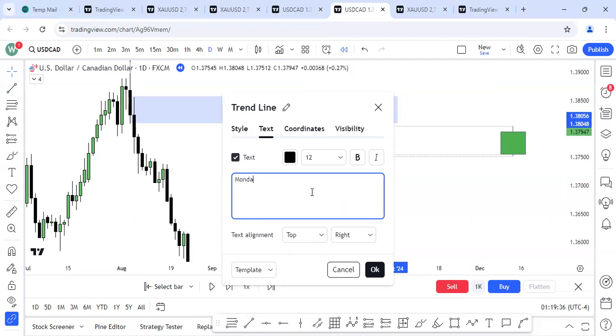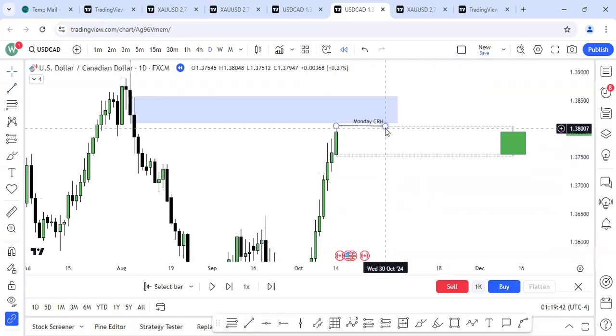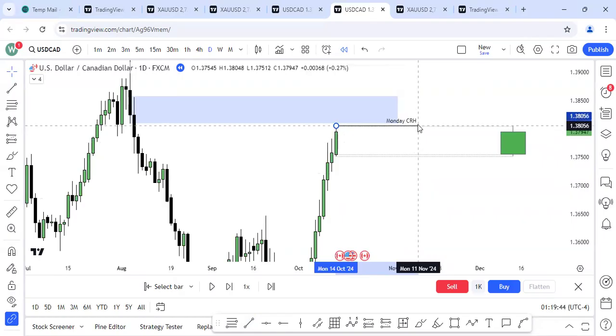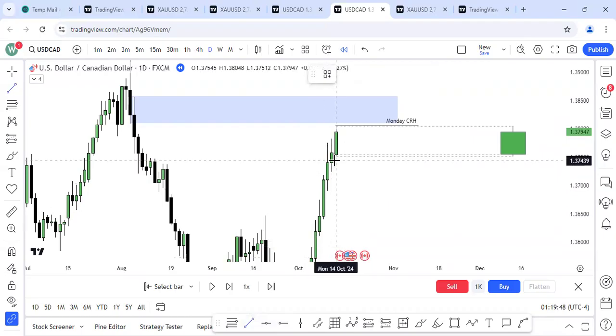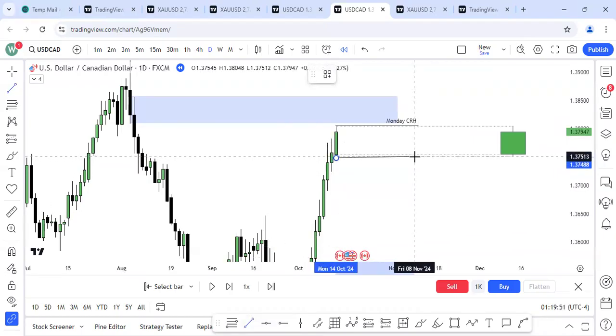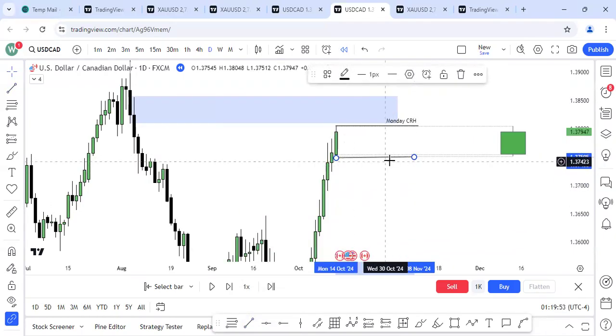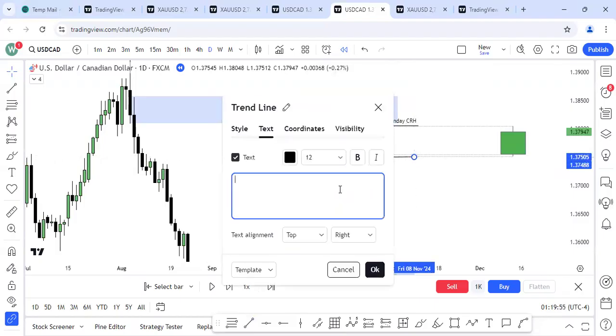Monday high, candle range high, and the Monday candle range low.